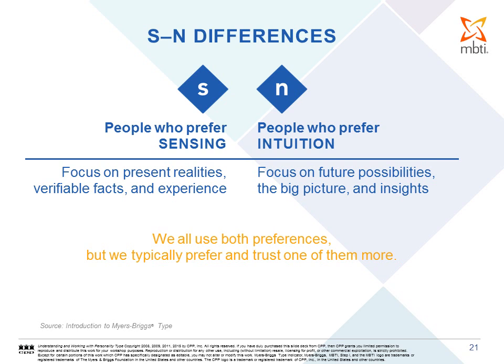They trust experience. And people who prefer intuition focus on future possibilities, are big picture thinkers, and they trust their insight, they trust their intuition. And again, we use both, and we typically prefer and trust one more than the other.